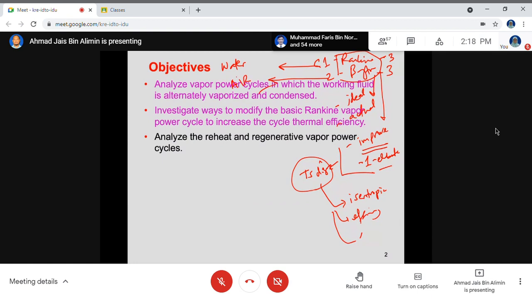is air, udara. Air, bukan air. So Brayton merujuk kepada udara.